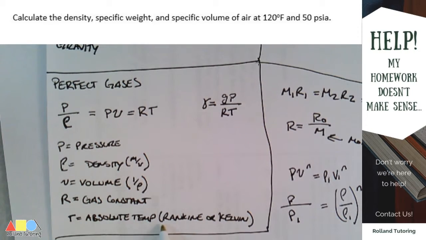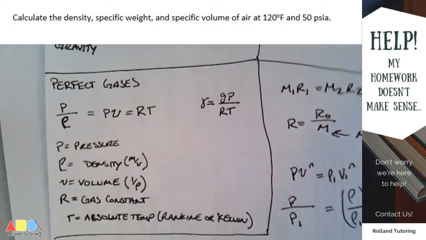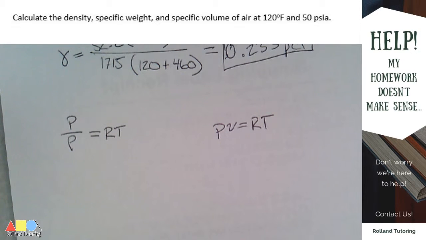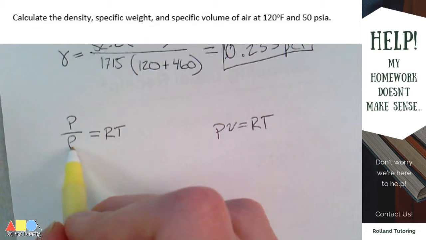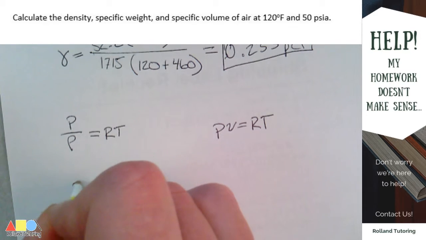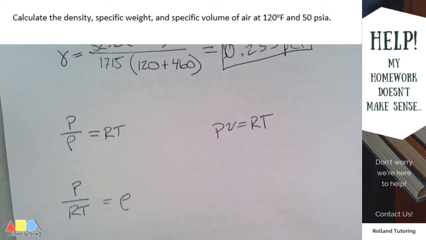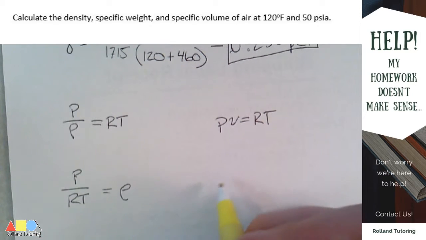In this case, we're in Fahrenheit, so it should be converted to Rankine. We go ahead and put that in. Again, we are solving for this, so we have P over RT gives us our density. And in this one, we want our volume, so we can say volume equals RT over P.